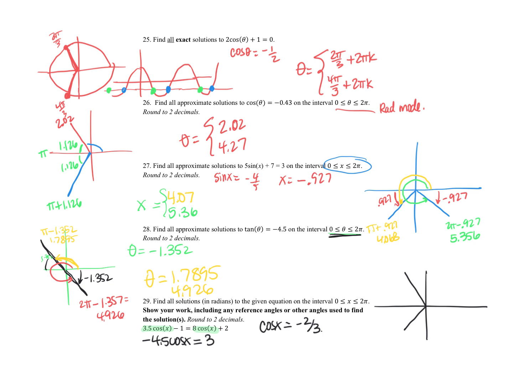Cosine inverse of negative 2/3. That 2/3 is not a cosine value I have memorized, so I am going to be estimating. And I know here it says round to 2 decimals. So I get 2.300. Which one is this? Well, I know pi is about 3.14, so this 2.30 is this angle here. So I've got one of them.